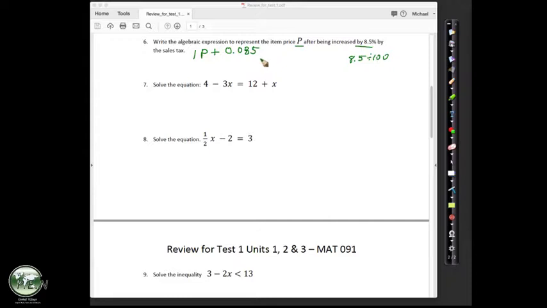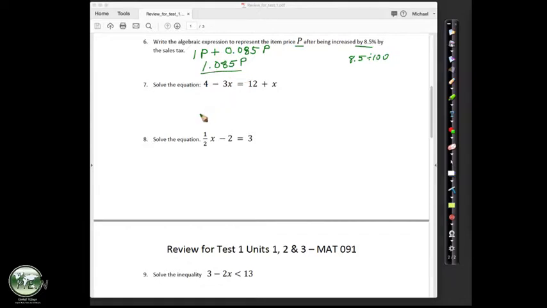You might move it too far. Now, are these two like terms? Let's see, 0.085. That's supposed to be an 8, not a 3. These are like terms, aren't they? They're both P. So we can add them together. We take 1 plus 0.085, and what we get is 1.085P.